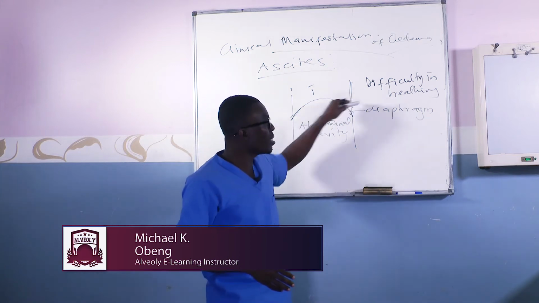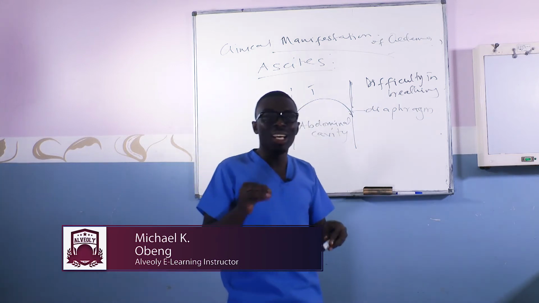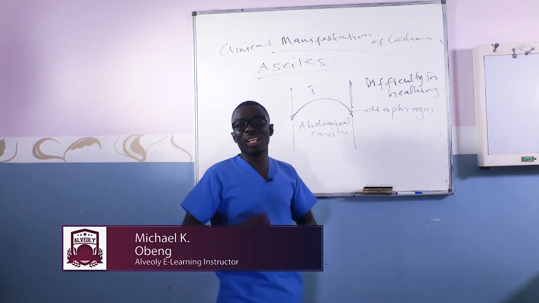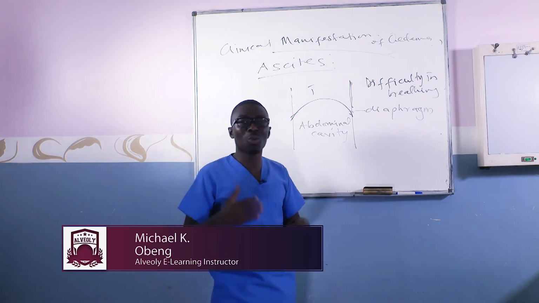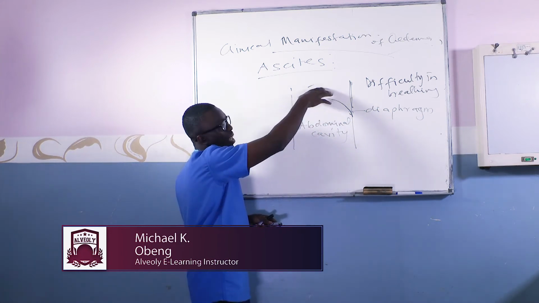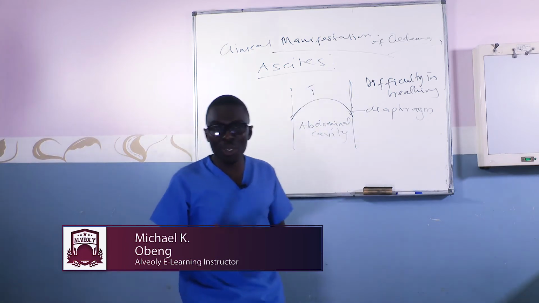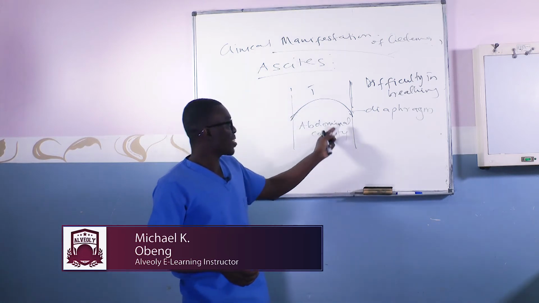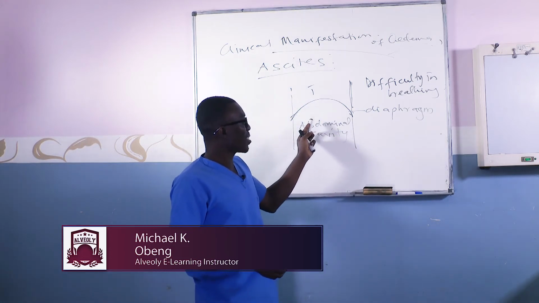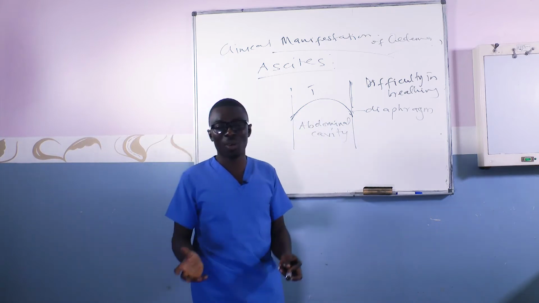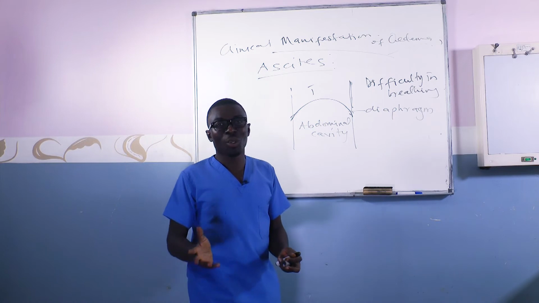So because of that, these patients are usually nursed in a high Fowler's position or semi-Fowler's position or in a sitting upward position, so that the abdominal content will come down, then the pressure on the lungs will reduce. When the pressure on the lungs reduces, then they are able to do what? Breathe very well. So patients with such a sign like ascites, you usually see them always sitting up or sitting in a chair or on a bed.